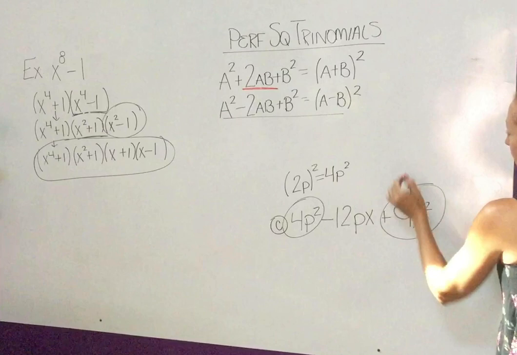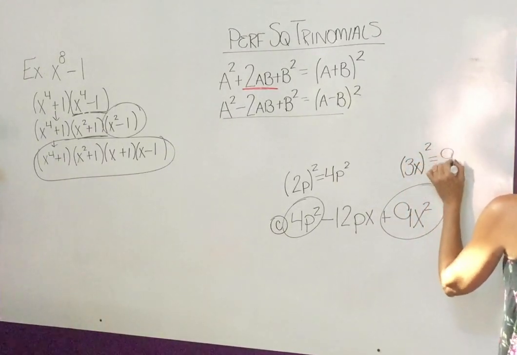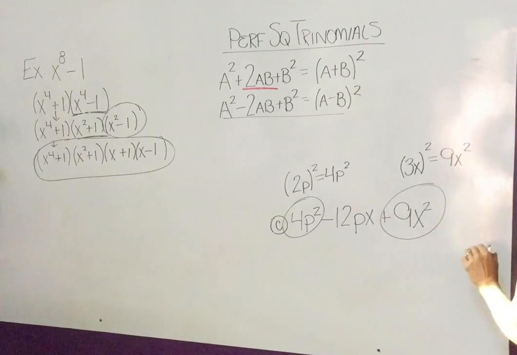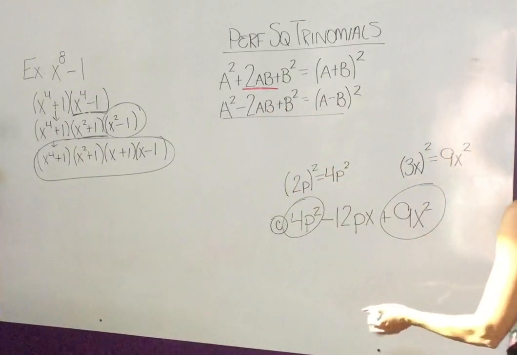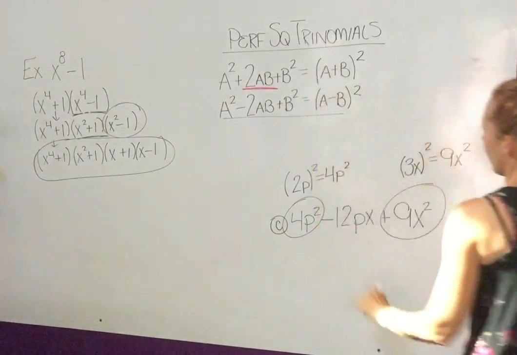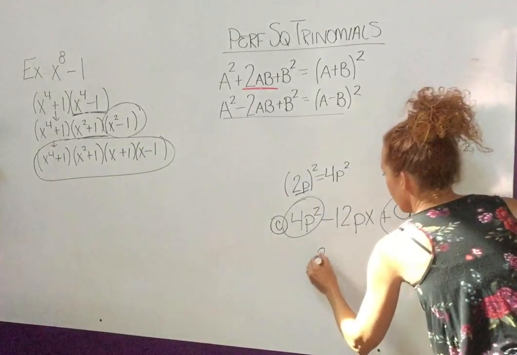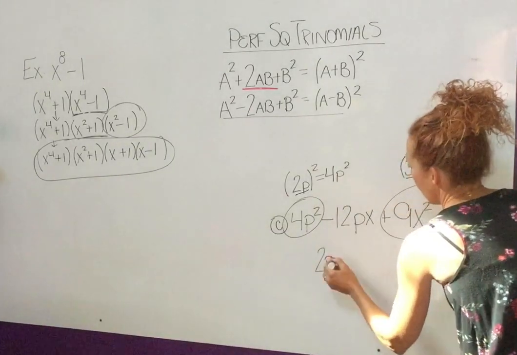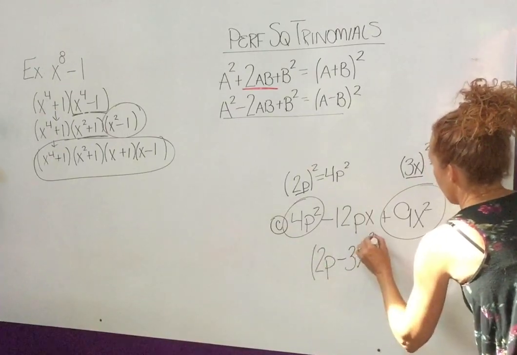And this one right here is 3x squared. And so according to this pattern, this shortcut, if you will, this idea of a perfect square trinomial, I can just write this and write that, and it's a negative, and I can jump straight to there.